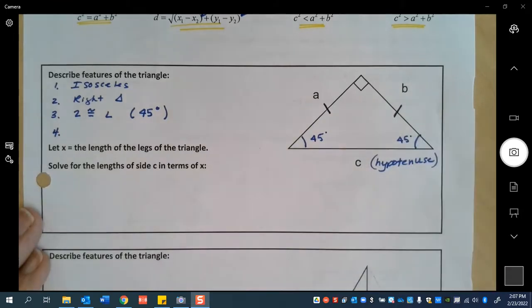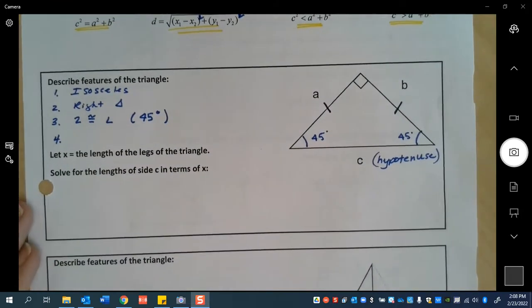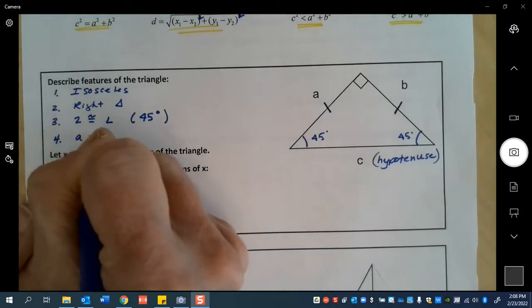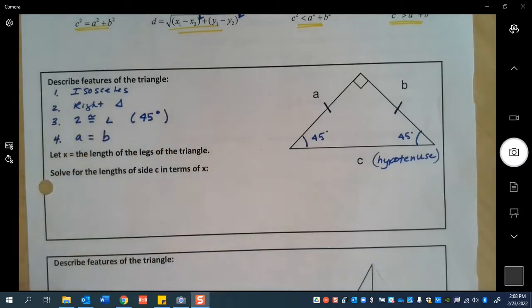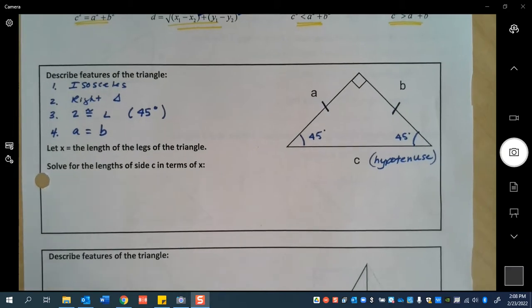Talk to me about A and B. Yeah, they're going to have the same length. So A's value and B's value are going to be the same. Okay, it's an isosceles right triangle. I know that the 2 congruent angle measures are 45 degrees, and I know that A is equal to B. I like all that information.